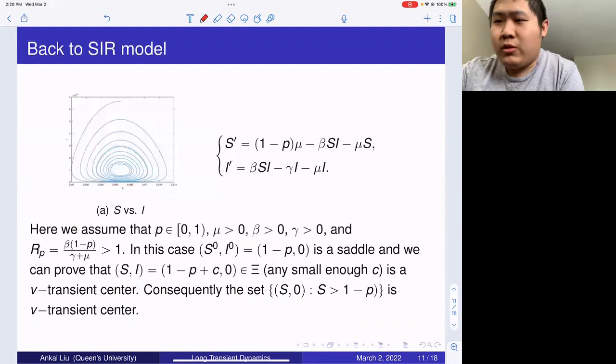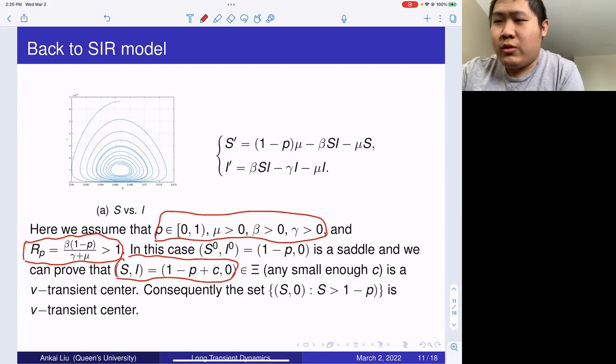Okay, so let's go back to the SIR model. In fact, we can show that given all these constraints, which are just standard constraints on the SIR model, and suppose your basic reproduction rate is greater than 1, this point is actually a V transient center.